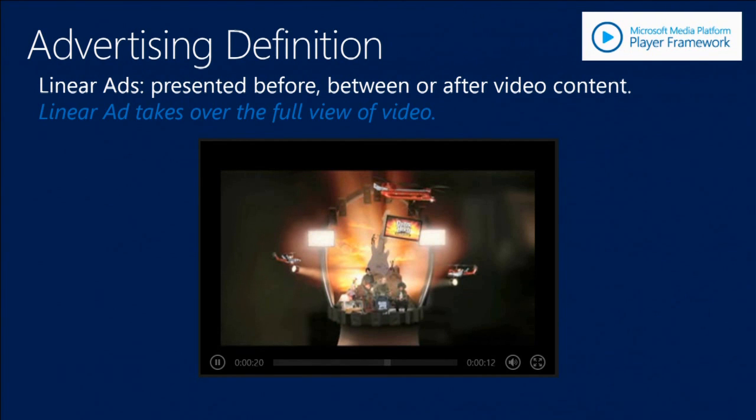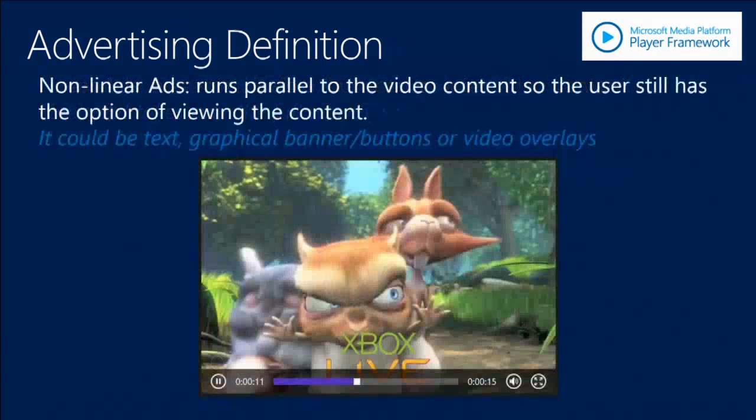It's typically a video that is presented before, between, or after the video. So you have the advertising and then you have your content. Non-linear ads run in parallel to the video. So typically, it's going to be text, graphical banners, buttons, or video overlays.